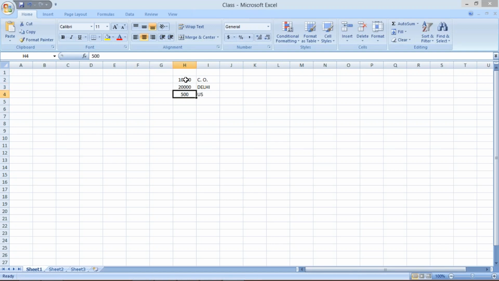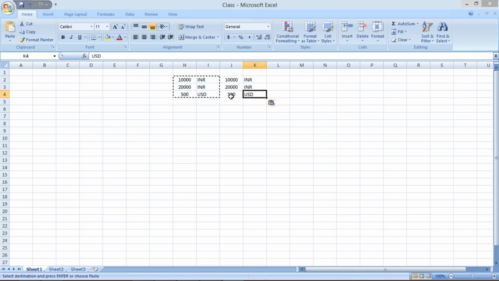If you convert this amount, this one we have posted in INR, meaning our currency, and this is in US dollars. So in order to get the correct figure, we'll have to convert this amount into local currency.